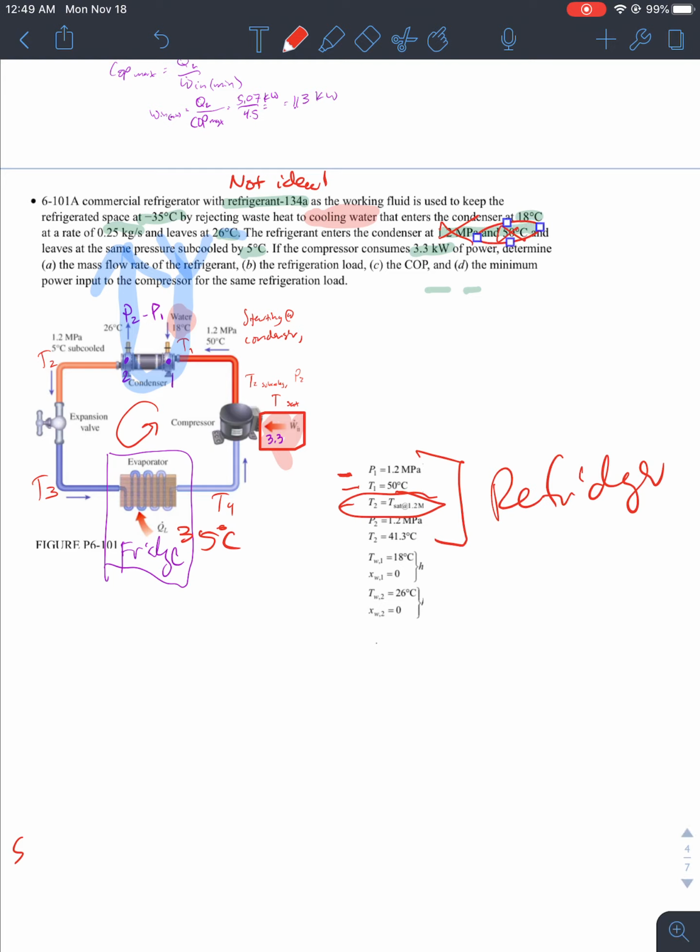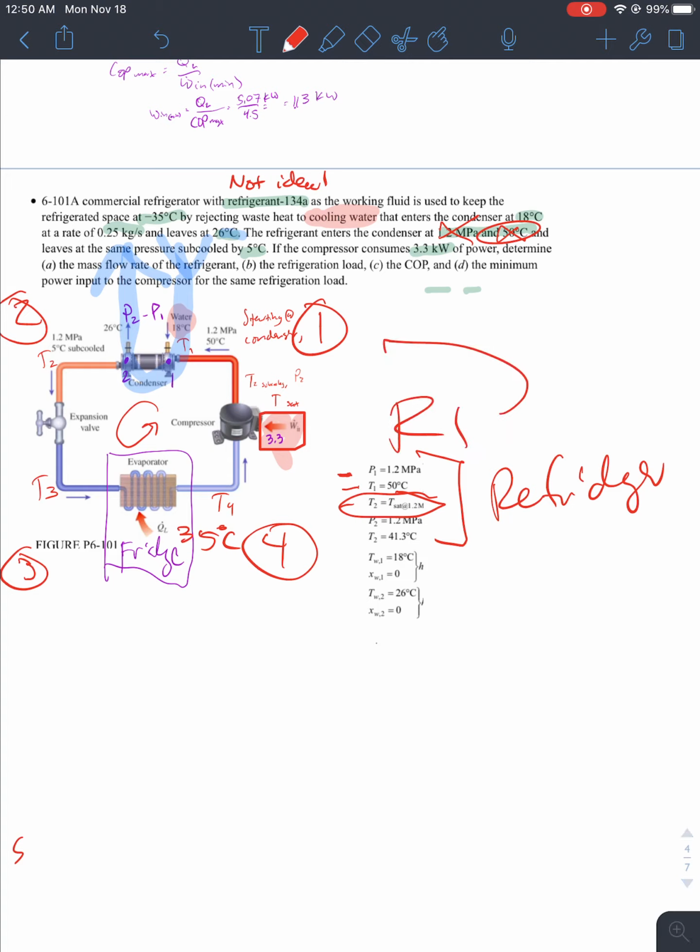So we're at region 1 over here, and here's region 2, region 3 over here, and region 4 over here. So right now we're at region 1. The T2 is the saturation temperature because the pressure is 1.2 megapascals.